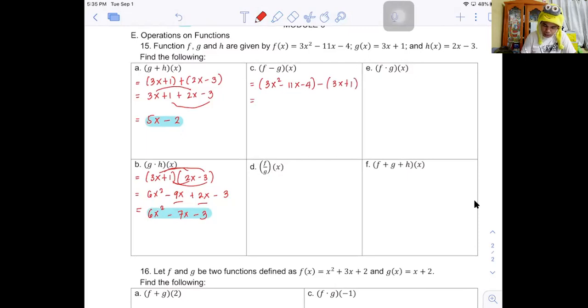So this parenthesis here can be removed because there is no negative before it. But this one, we need to distribute. So minus 3x minus 1. Okay? And combine like terms. We have like terms here, these two, and these two. Okay, so we have 3x squared minus 14x minus 5.